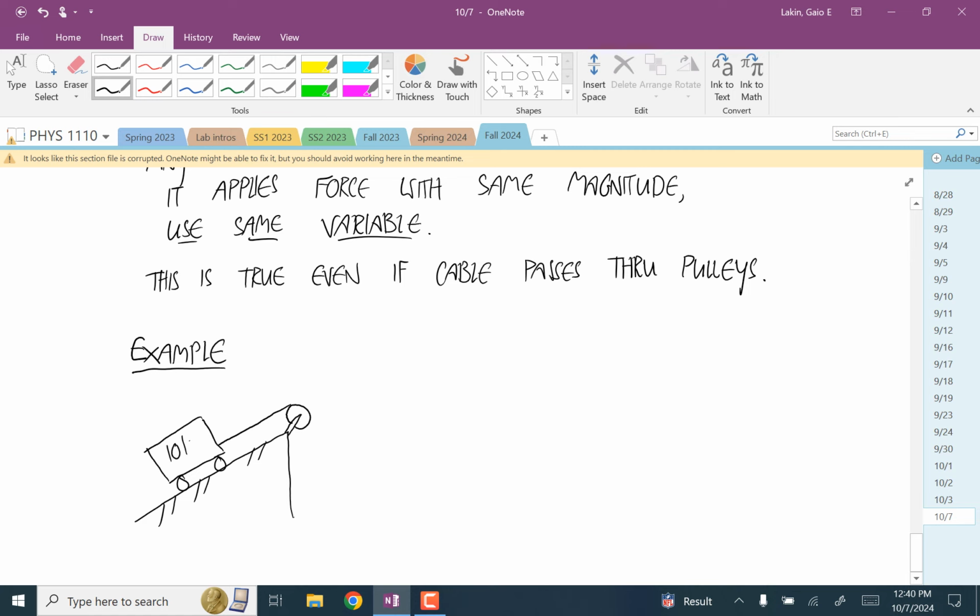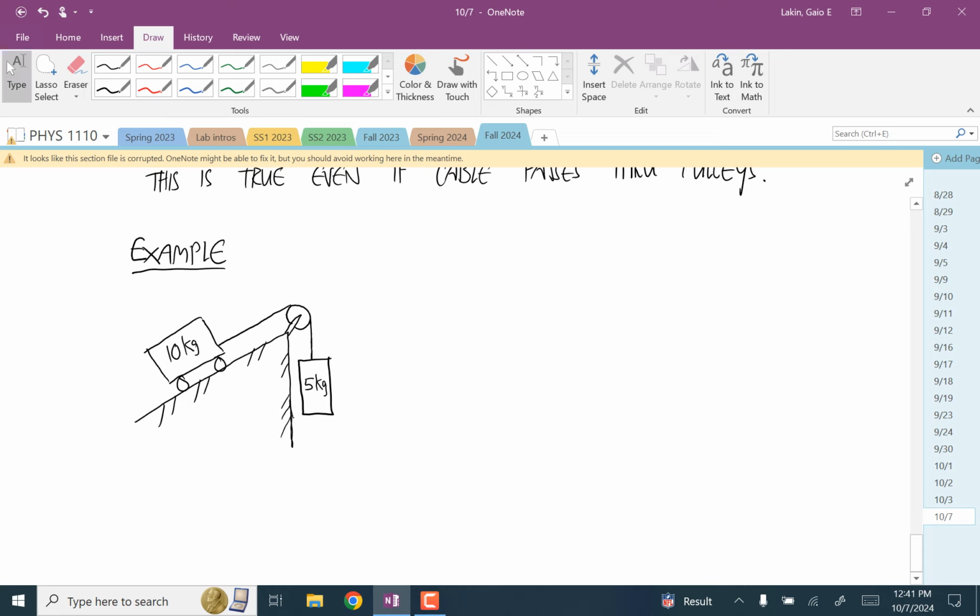Let's say this one's 10 kilograms. And it goes over the pulley, and then that same cable attaches to a hanging mass of 5 kilograms. And let's say that in addition to the weight of this 5 kilogram mass, we're also applying an additional force of 10 newtons.